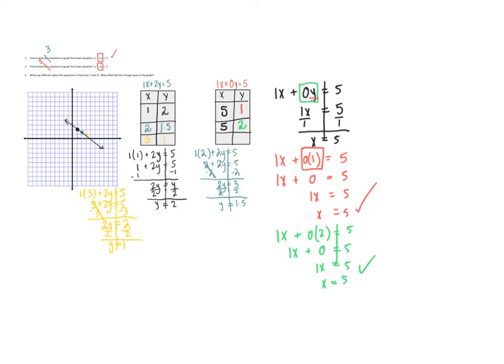Kind of confusing, right? So basically what I'm seeing is that I could plug in any number for y, but my x is going to remain a 5. Okay? And that's because in my equation, 1x plus 0y is the same as saying 1x equals 5. So it's just saying x is always going to equal 5.